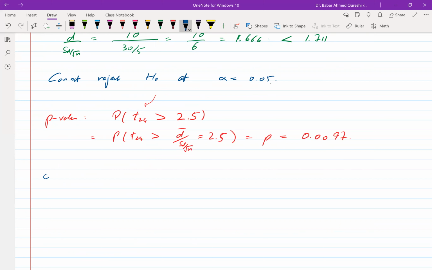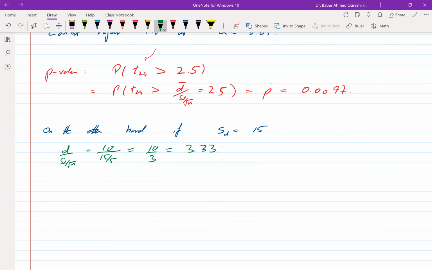On the other hand, previously I took the standard deviation of the difference to be 20. If it were 15, so that the numbers are even closer in my sample, and that's why my standard deviation is small, then what happens to the p-value? Then this number becomes 3.3.